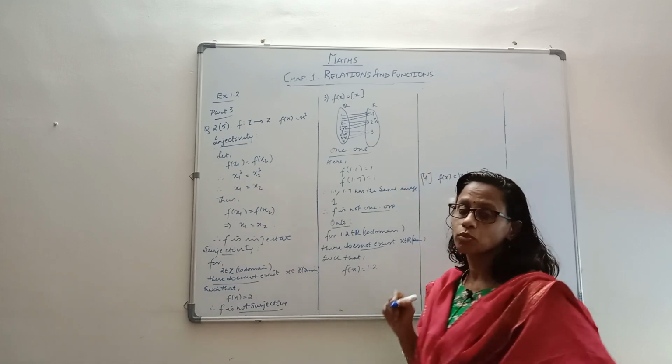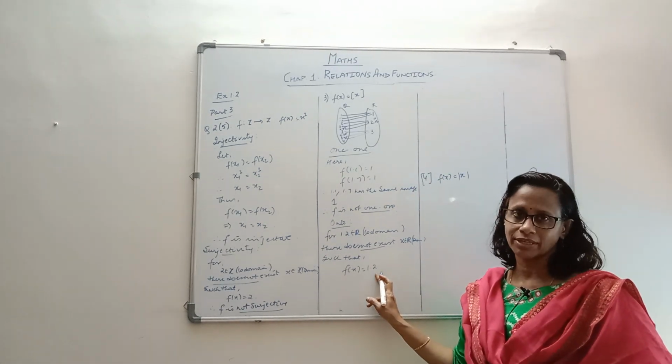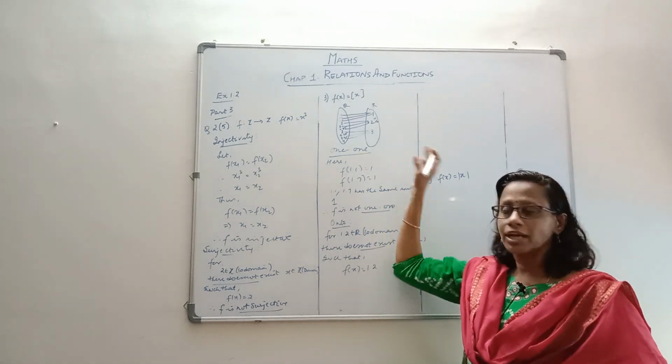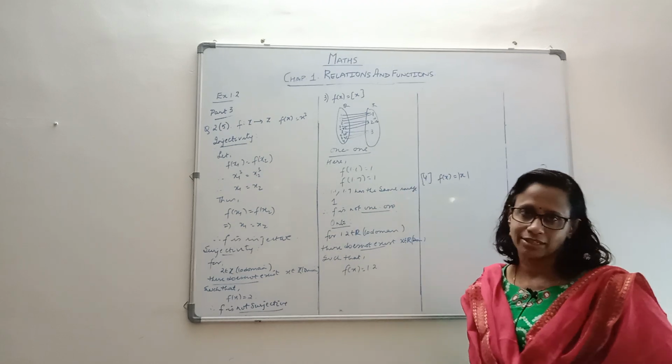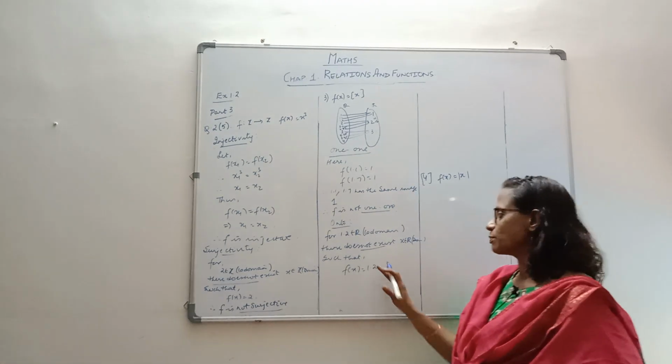Every element is going to go only to an integer. It will never go to a number like this. That's not how the function is defined, right? So as a result, we have so many elements lying over here which are not related. That is why it becomes not onto. It's not onto, right? That's about this.